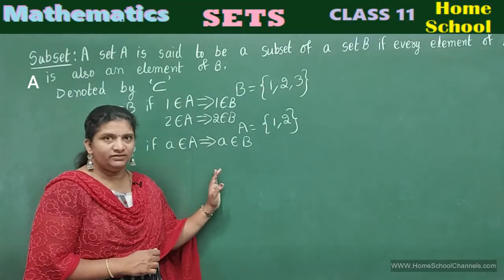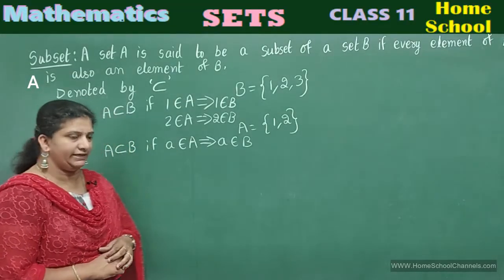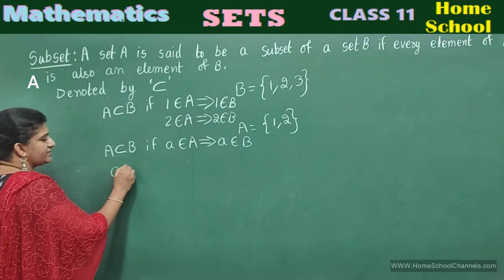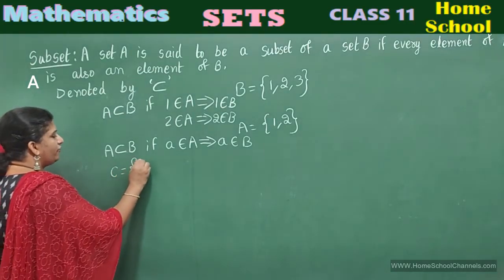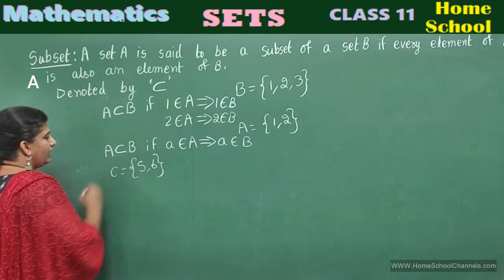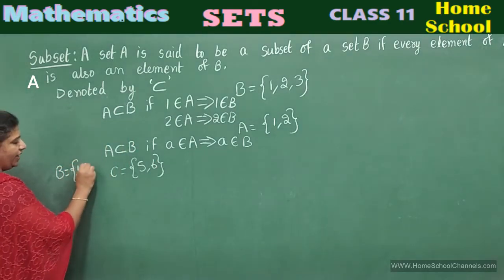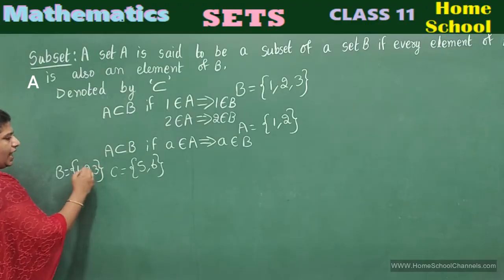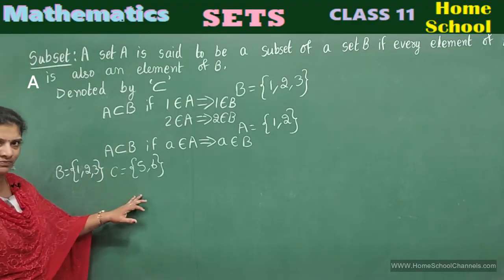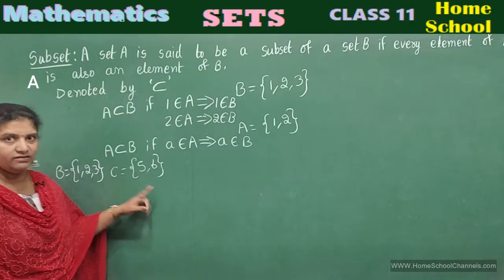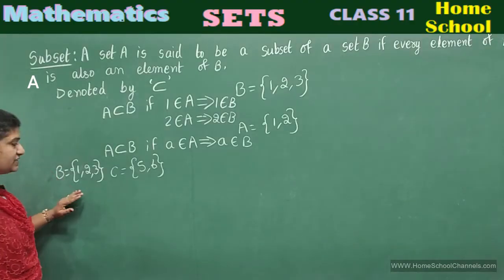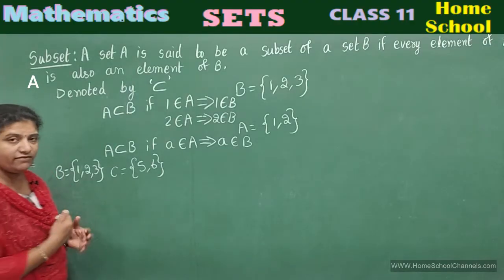Is this clear? Now let me take one more set. Suppose C is equal to {5, 6}. And what B have you taken? B is equal to {1, 2, 3}. Now check these two carefully. 5, 6. This set C, is it a subset of B? No, I'll say. Why?